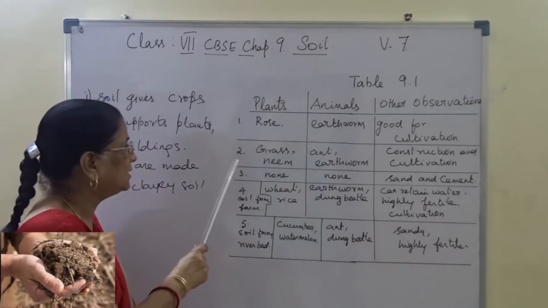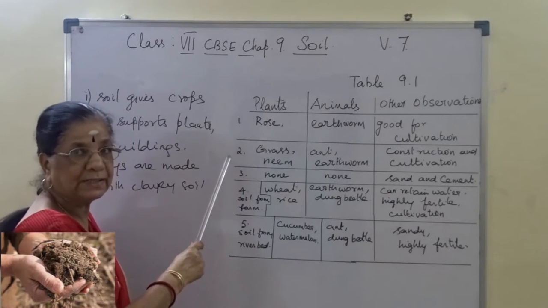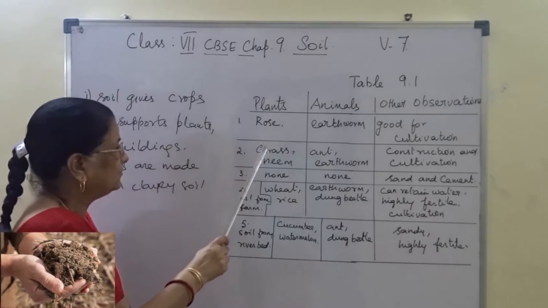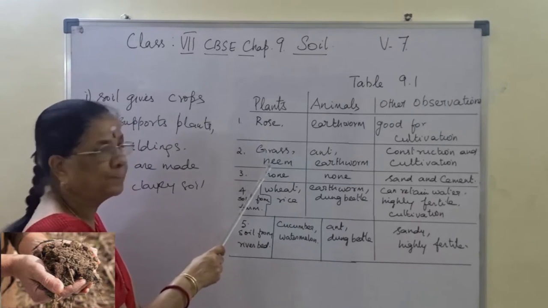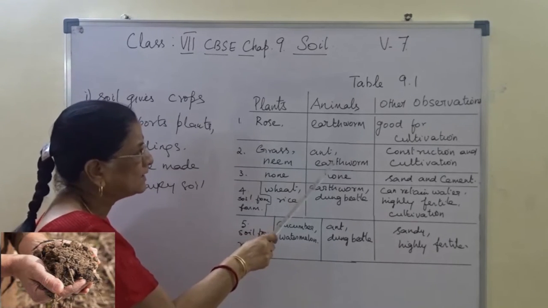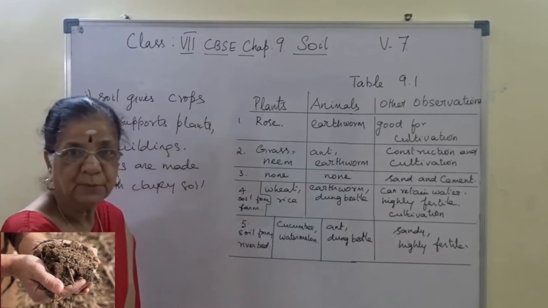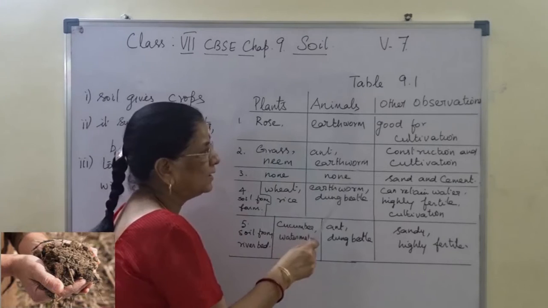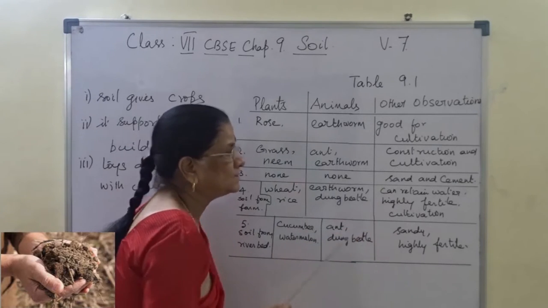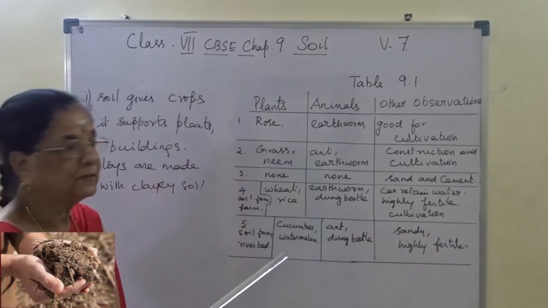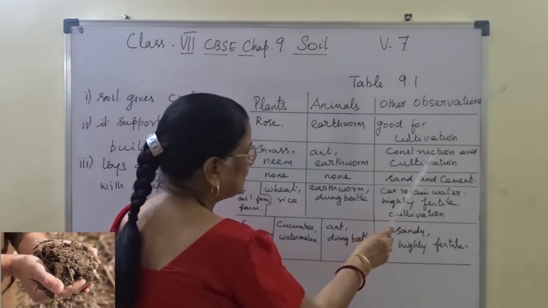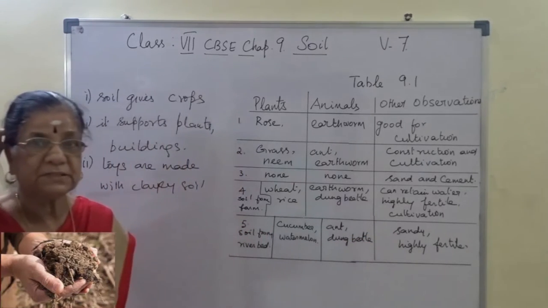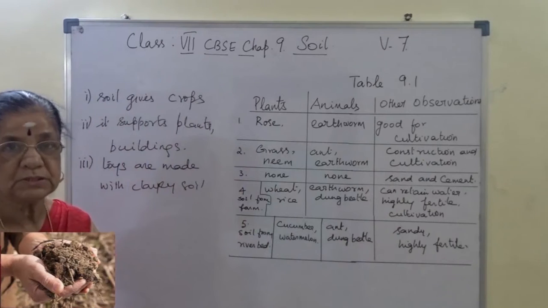So second one, soil from the roadside. We find grass and neem. Then ants and earthworm. There are many ants around the tree. So ants and earthworm. Then it is meant for construction and cultivation. I hope you are able to follow this.